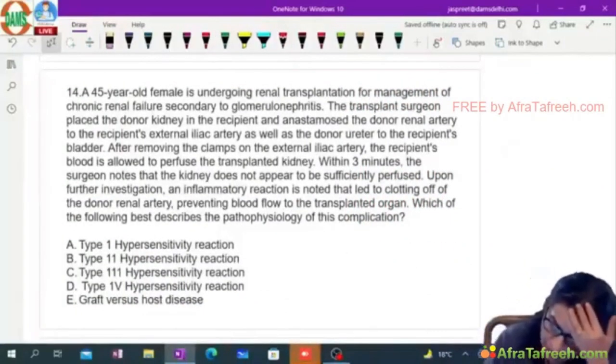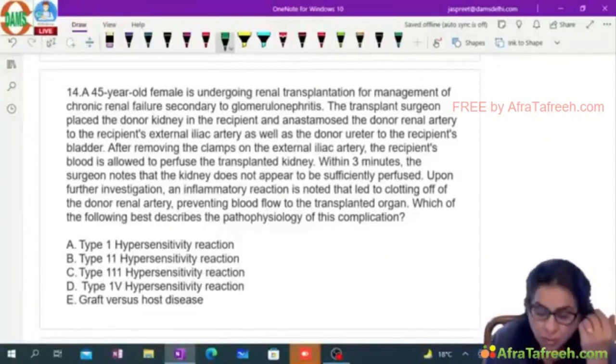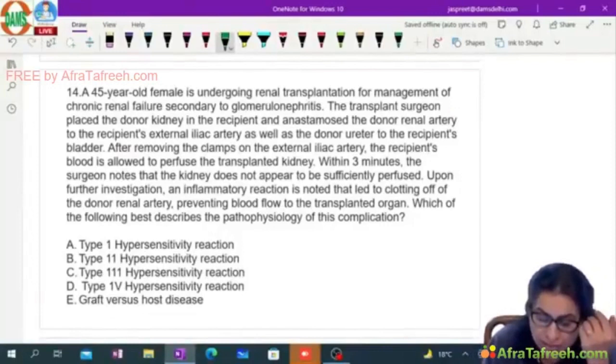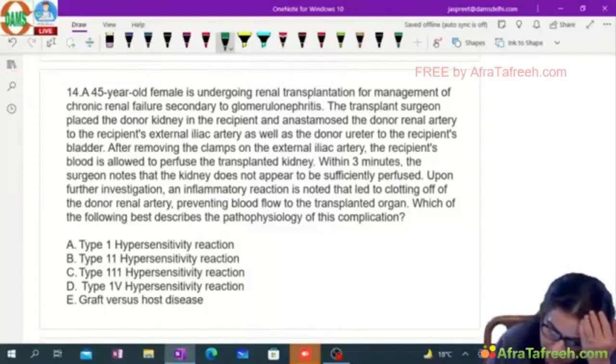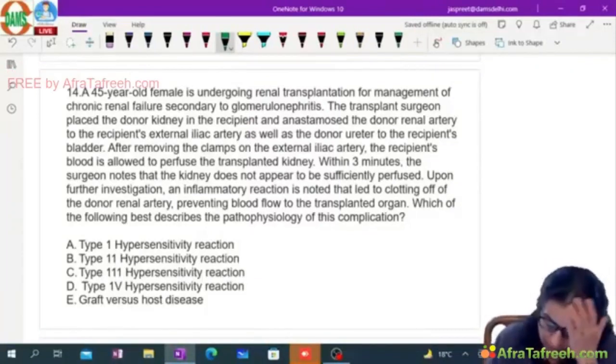A 45-year-old female is undergoing a renal transplantation for the management of chronic renal failure secondary to glomerulonephritis. The transplant surgeon placed the donor kidney in the recipient and anastomosed the donor renal artery to the recipient's external iliac artery as well as the donor ureter to the recipient's bladder.